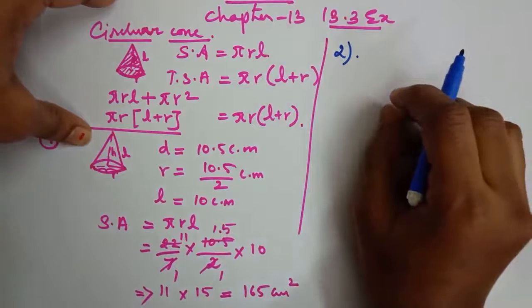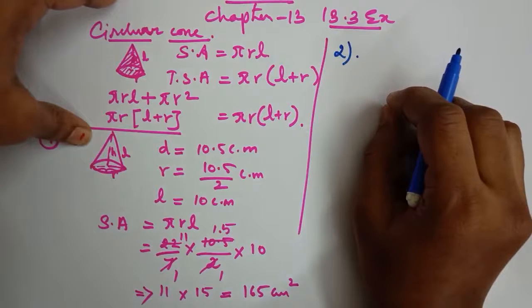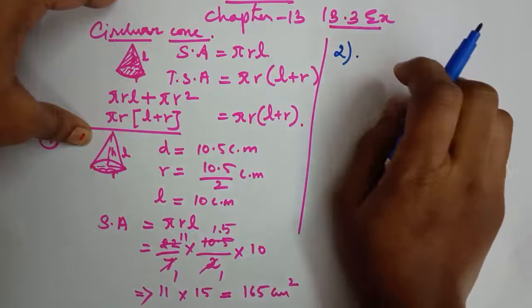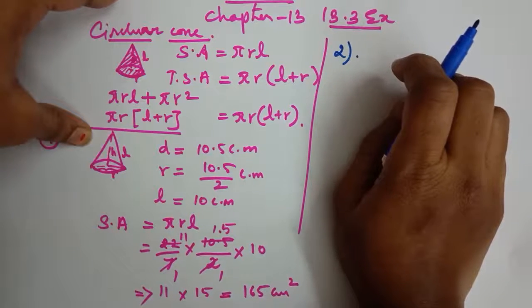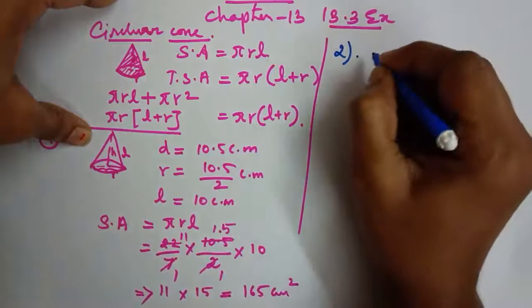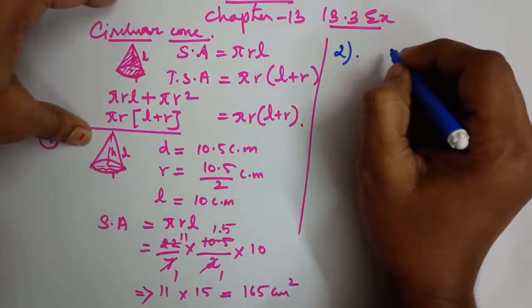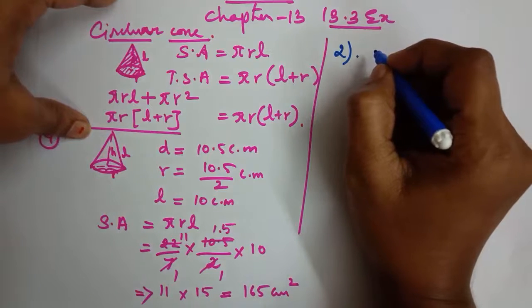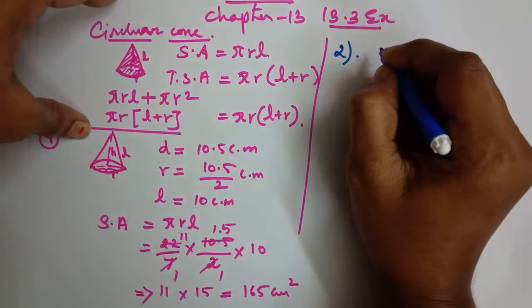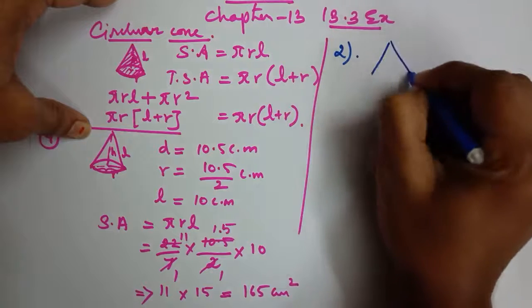Second question. Find the total surface area of a cone if its slant height is 21 meter and the diameter of its base is 24 meter. So we have to find the total surface area of the cone. What is the formula? Pi r of L plus r. Already you have known it. Listen.